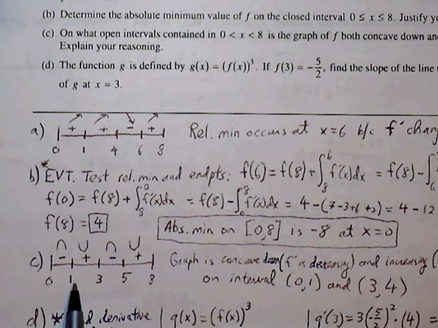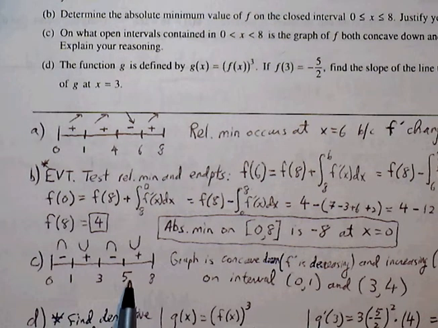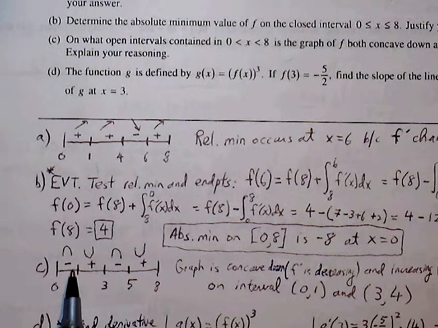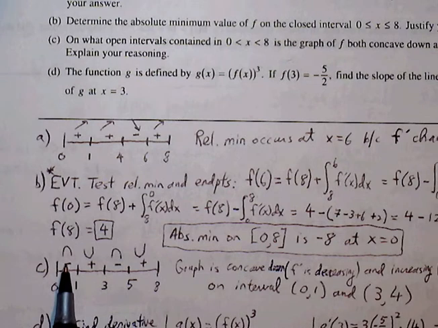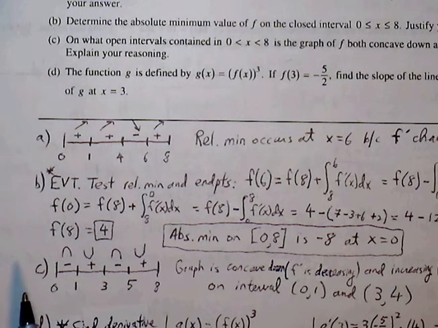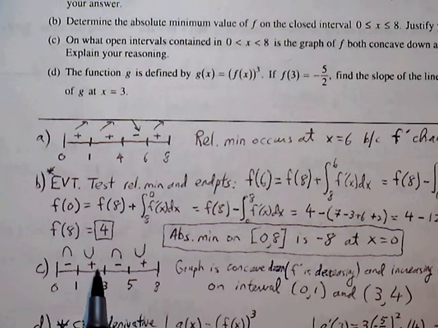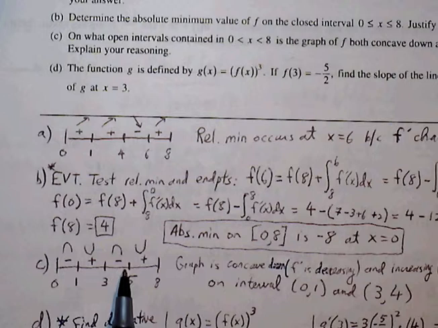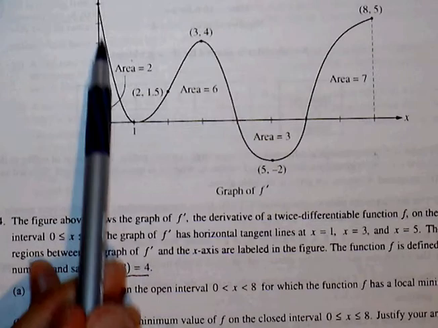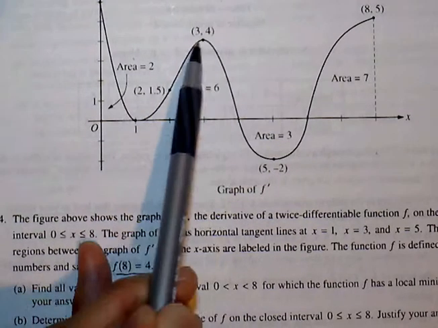And we simply look at the slope of our f prime graph to determine whether it's concave up or concave down. So the graph is falling between 0 and 1, so concave down, rising, concave up, falling, concave down, and rising, concave up. So we're just looking at the slopes of the f prime graph, and that tells us whether the graph is concave up or concave down in that interval.